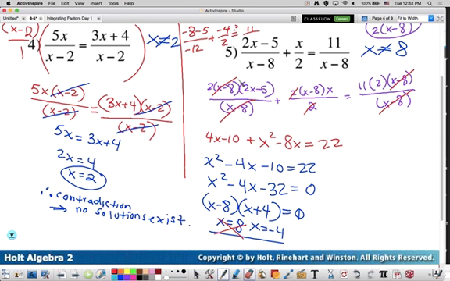Negative 4 minus 8, negative 12. Negative 13 over 12. Six.